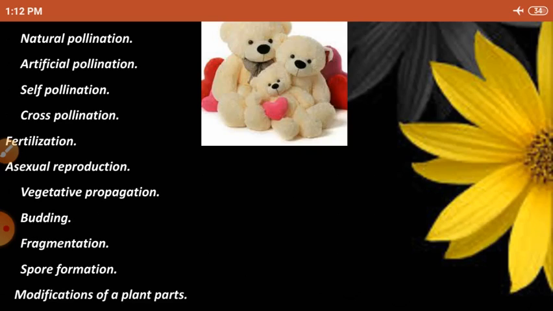Asexual reproduction means new plants are produced without the help of seed. From the vegetative part of the plant is vegetative propagation. In budding, a new bud develops from the parent, grows and turns into a new plant.